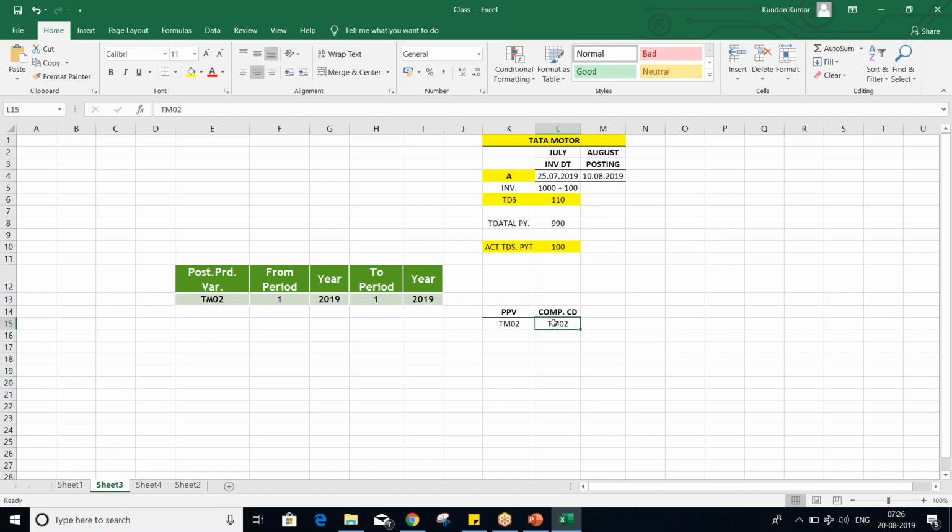Whenever a transaction is getting posted, let's take the same example. Suppose this incident happened in the previous year, in 2018. Now we'll take the example of 2019, where the same things have happened.